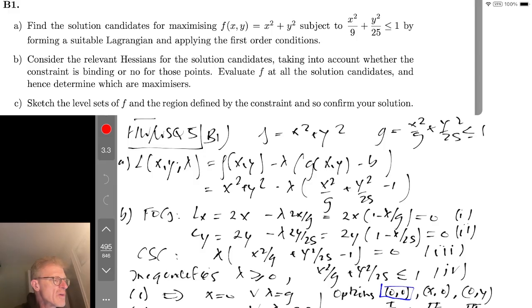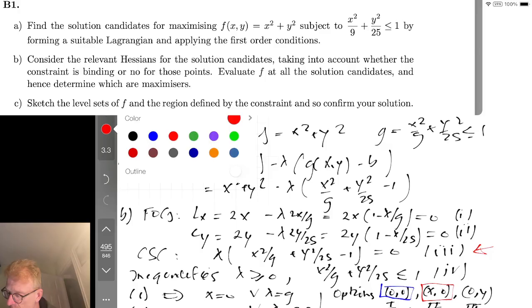So x, 0, lambda is 9, and then we need to take care that we're on the ellipse. So if we're on the ellipse, then we have to determine x from 3 given y is 0. Then the constraint is binding.